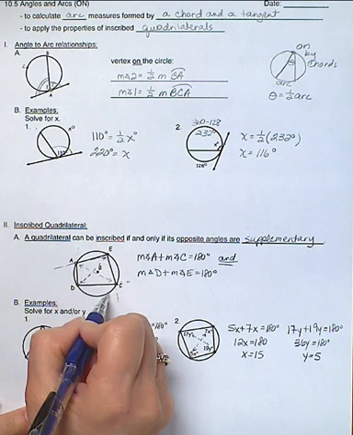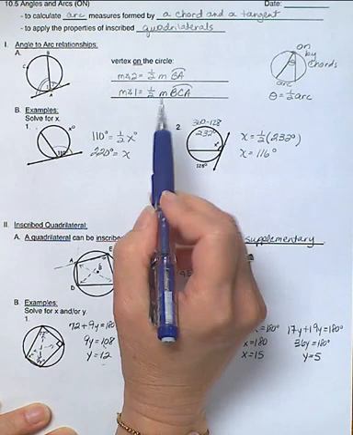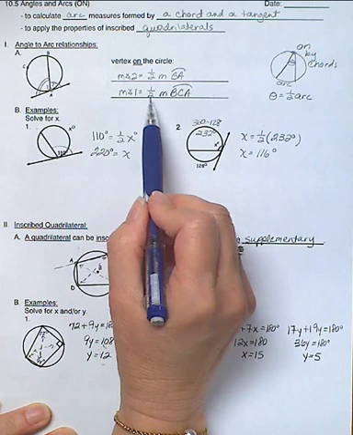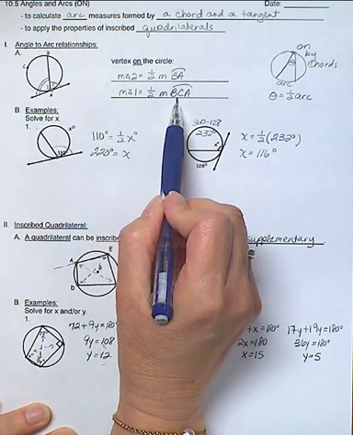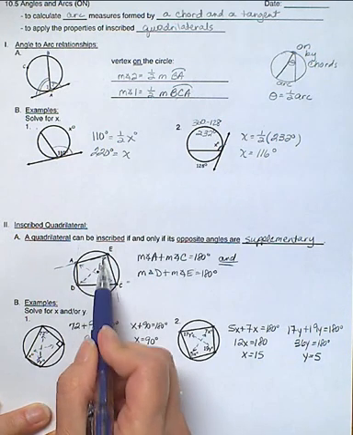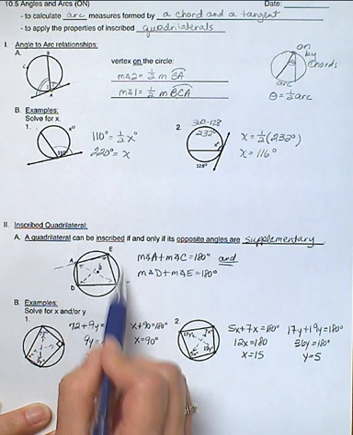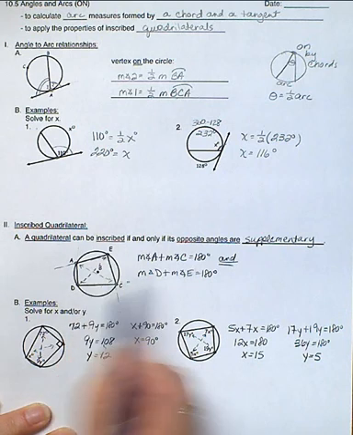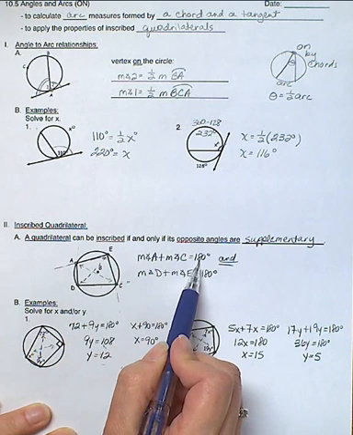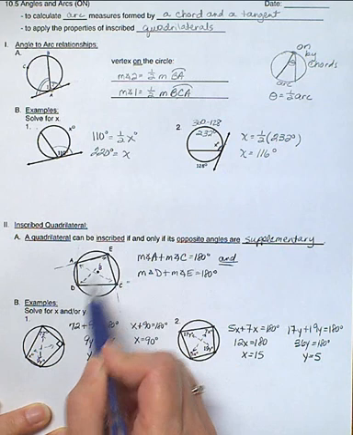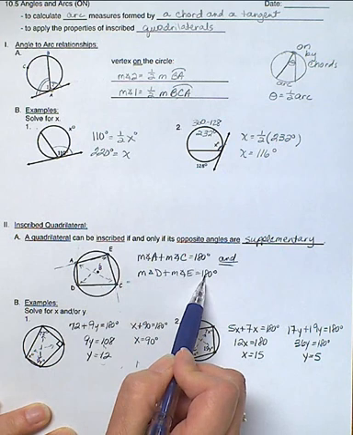But if it's an inscribed angle, it's really only half of what it's intercepting. So if they together are intercepting 360, then they together are only doing half of 360, which is 180. So opposite angles are supplementary, not congruent, in the case of an inscribed quadrilateral.